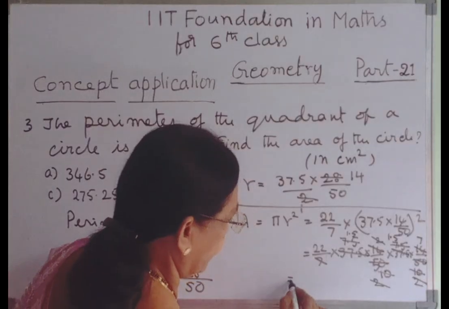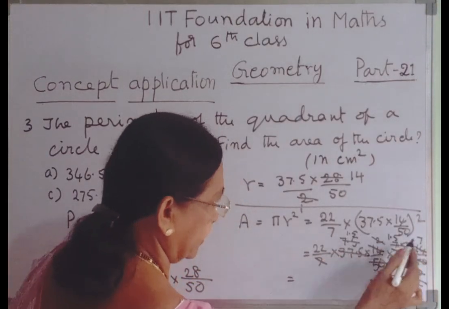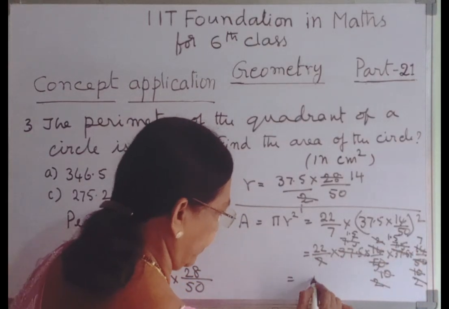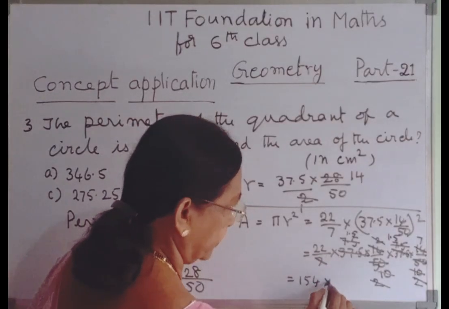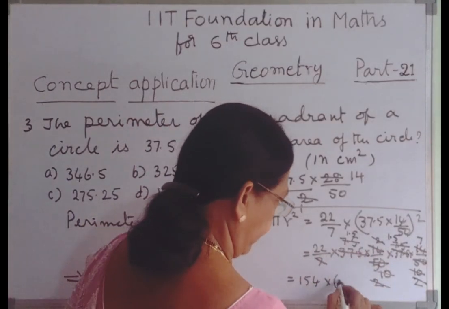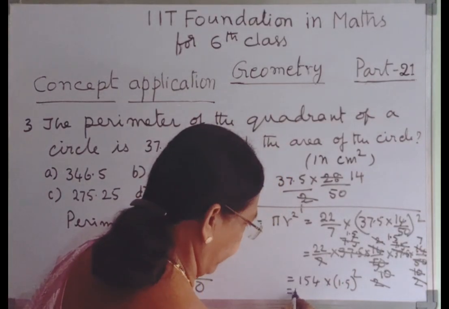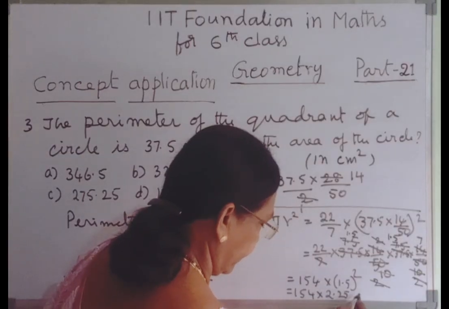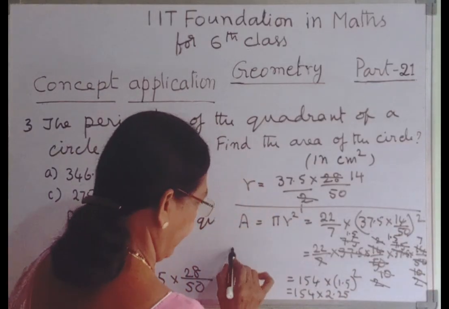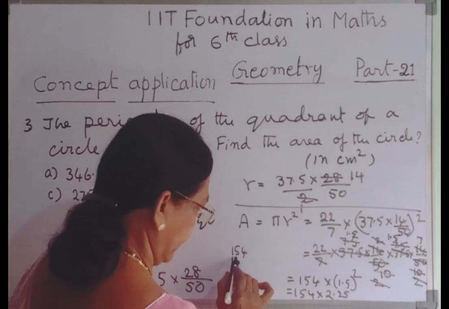So this is equal to 22 into 7. 7 twos 14, 7 twos 14 plus 1, 15 into 1.5 into 1.5. So 15 15s, 225. 154 into 2.25.